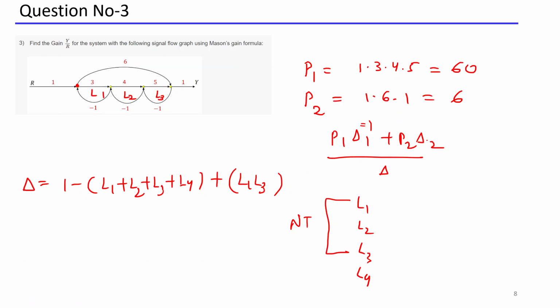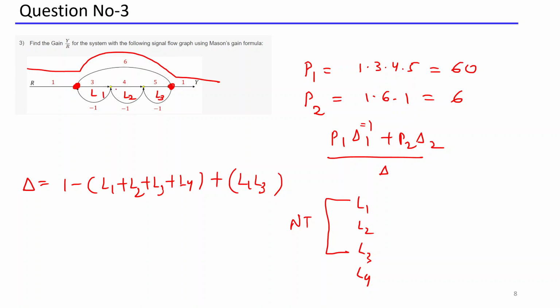Next, what is delta 2? Delta 2 is the loop which is not touching the second forward path. The second forward path is something like that. Then which loop is non-touching? L1, L2, L3. No, L1 is touching at this point. L3 is touching at this point.